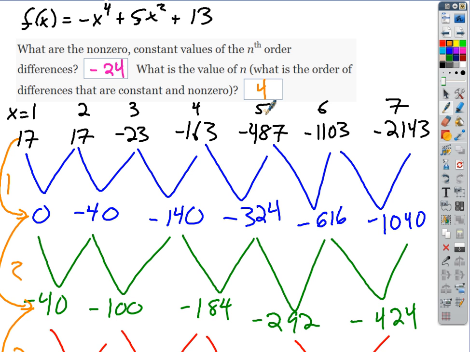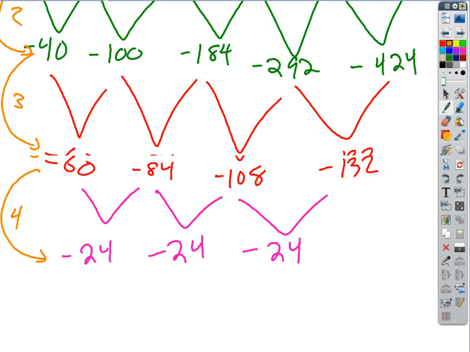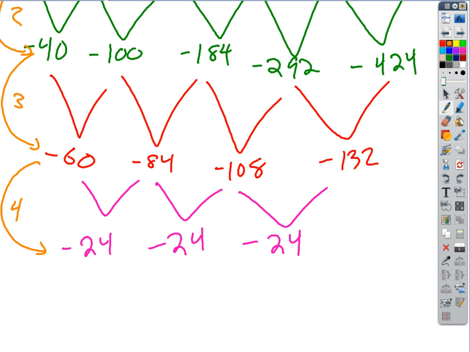We would have done the same process, but we would have found that because it took us 4 differences before we hit a constant, what would the degree of the polynomial have to be? 4. Because the degree of the polynomial always matches the order of the differences that produce the constant. So that would have told us that it's a 4th degree polynomial.